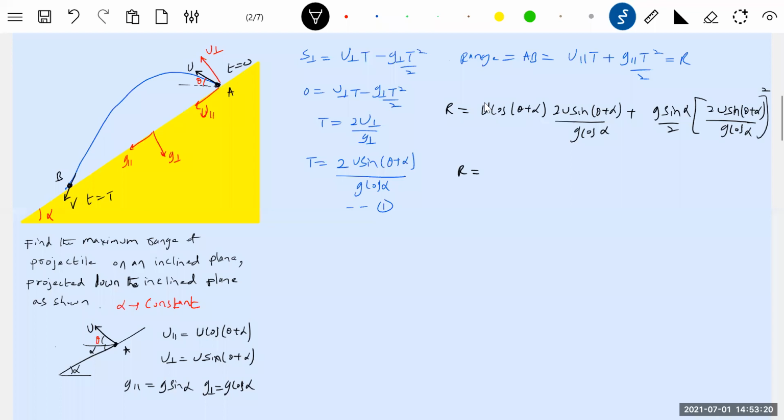Again, taking G cos square alpha common, U square by G cos square alpha, this will become 2 sine(theta plus alpha) cos(theta plus alpha) cos alpha plus 2 sine(theta plus alpha) sine alpha.